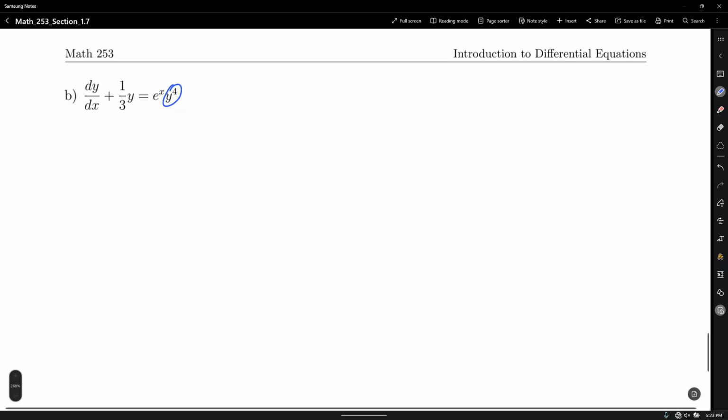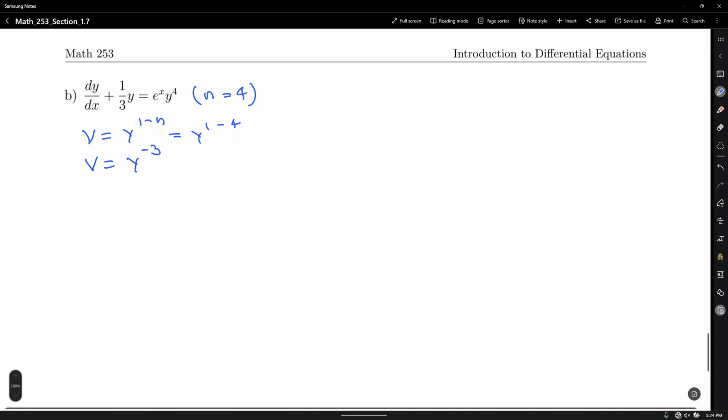The equation is given already in the form for a Bernoulli's equation with n equals 4. Let's start by doing the substitution, which is v equals y to the 1 minus n, which is y to the 1 minus 4, so v equals y to the negative 3.